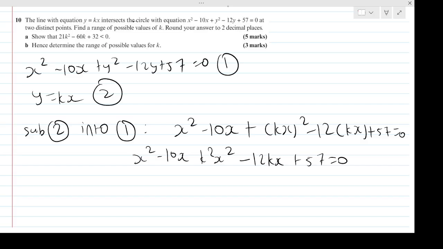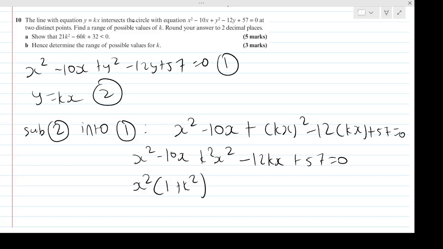Can we simplify this a little bit? I recognise this can be a quadratic of x. So let's firstly group the quadratic parts together. We have x squared here and k squared x squared there. So we're going to have x squared, then I'm going to factorise to get (1 plus k squared), and you'll see why that will help in a moment.